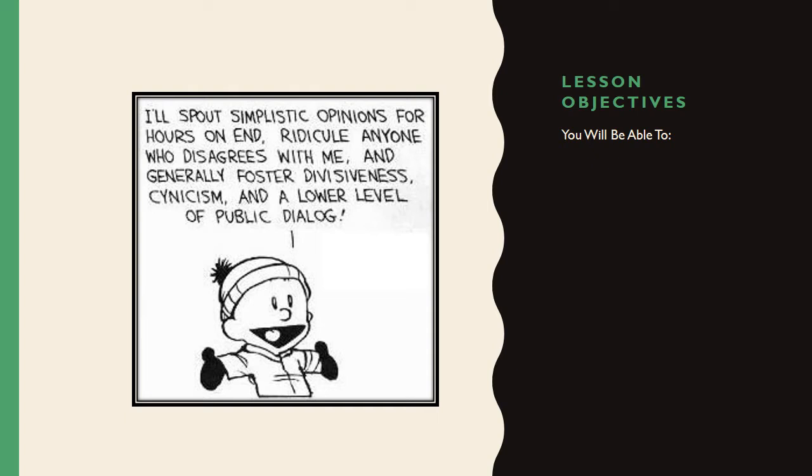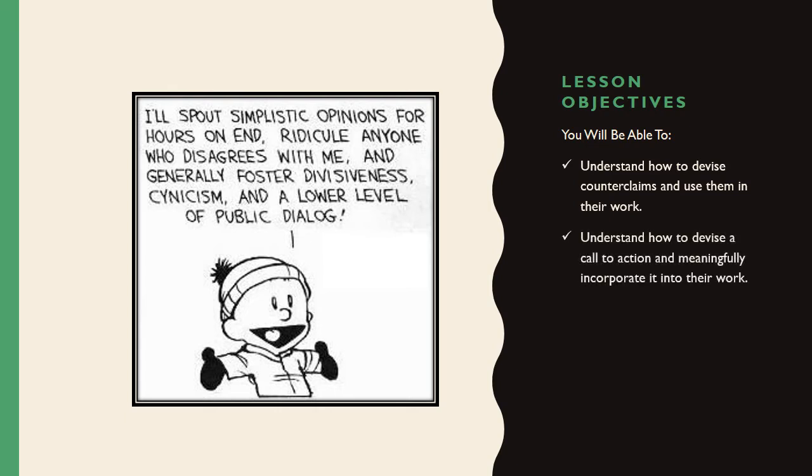So in order to avoid that, our objectives in this lesson are for you to be able to understand how to devise counterclaims and use them in your work. Counterclaims as opposed to just ridicule and calling people dumb, essentially, which is the kind of thing that's implied in this cartoon. You'll also be able to understand how to devise a call to action and meaningfully incorporate it into your work, so that once you have convinced people of your ideas, they'll be willing to take your side.